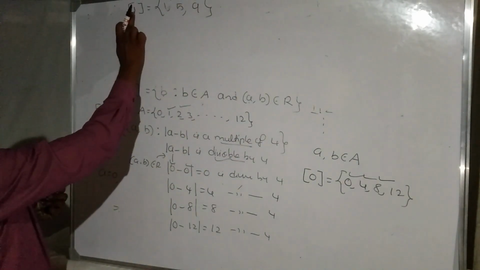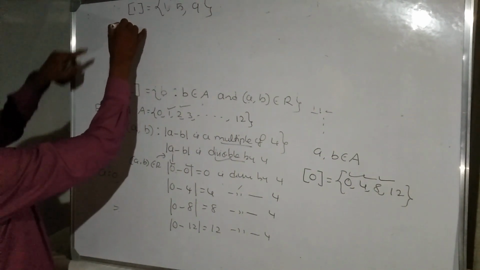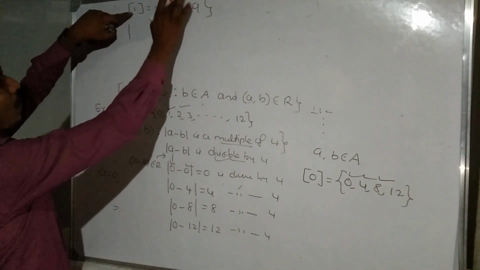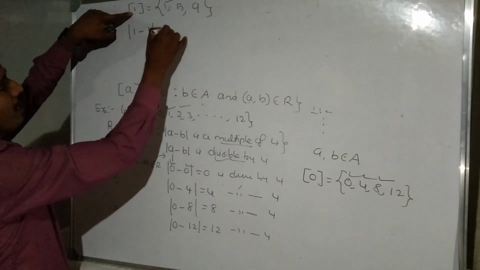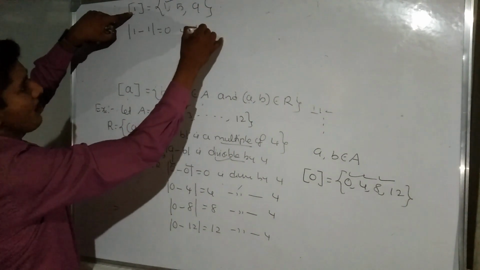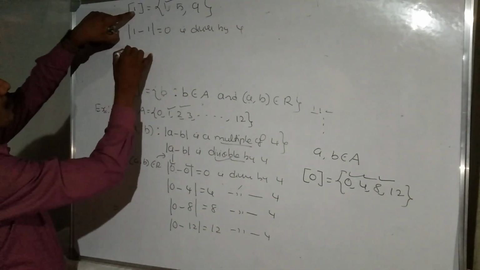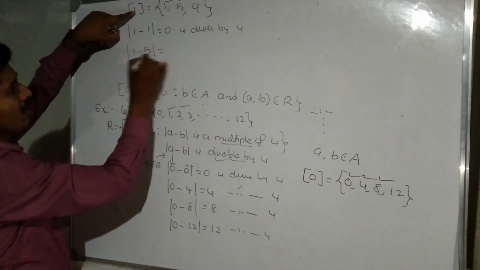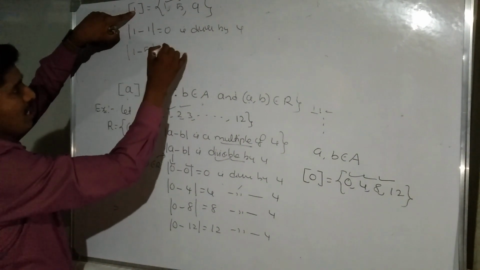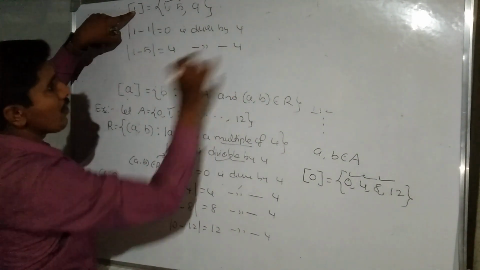You take here the difference of any element of the set with 1. Here modulus of this 1 and 1, 1 minus 1 equal to 0. 0 is divisible by 4. Next, this 1 minus here 5, 1 minus 5, minus 4, modulus of minus 4, plus 4, clearly which is divisible by 4.